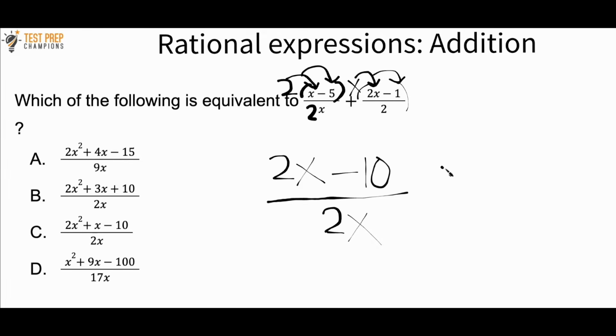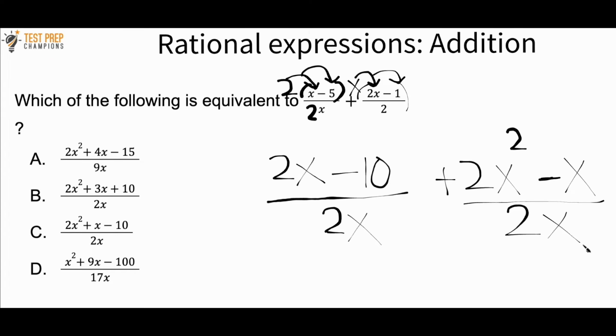So x times 2x becomes 2x squared. And I have to remember to bring this minus along for the ride. So this will become minus x, because x times 1 is just x, and I keep this minus sign here. Now down here, 2 times x becomes 2x.